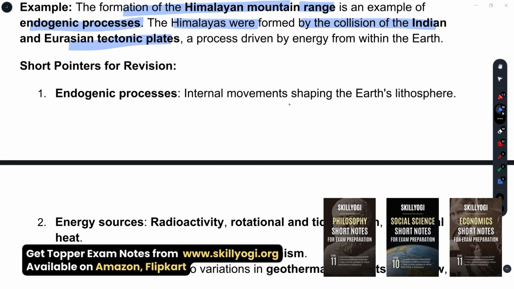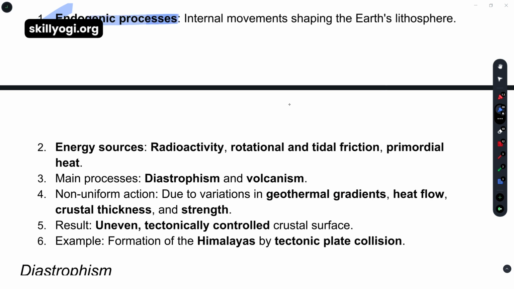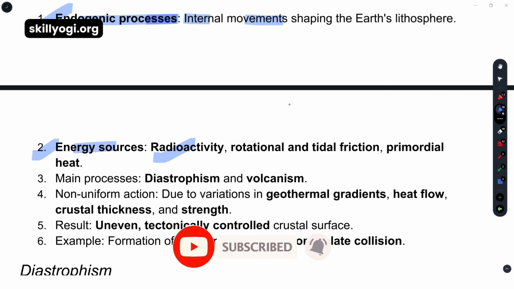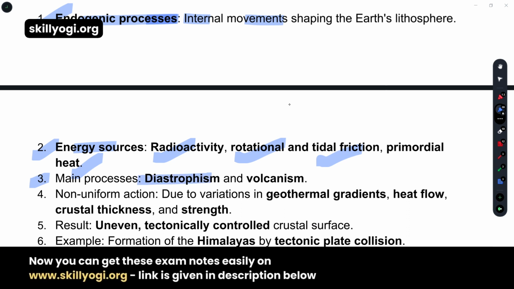So what are the short pointers for revision from this part? First, endogenic processes, that means internal movements of the earth. Energy sources: radioactivity, rotational, tidal friction, primordial heat. Main processes: diastrophism and volcanism.